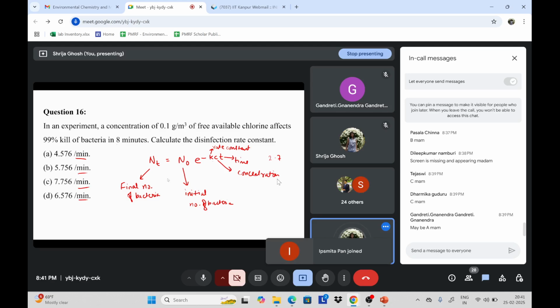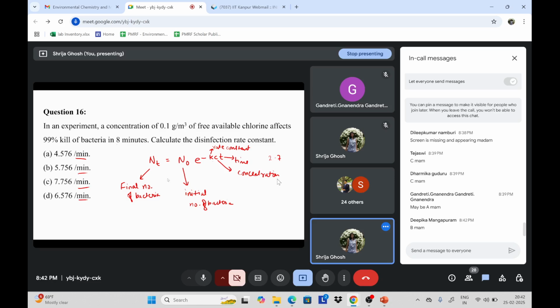I have 3 answers here, option C and option A. Did you guys calculate it, or you are just guessing it? Now I've told you what values to put. So calculate it again. Okay, Deepika is getting option B. What about others?